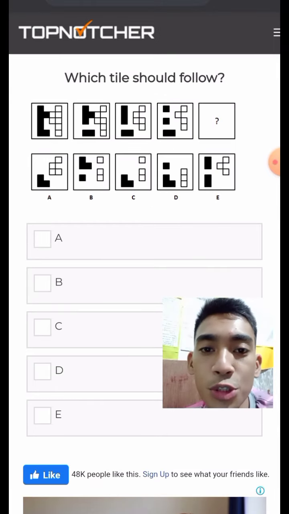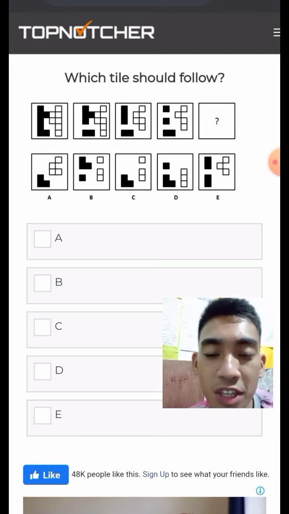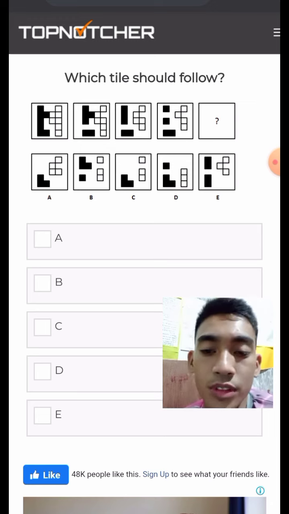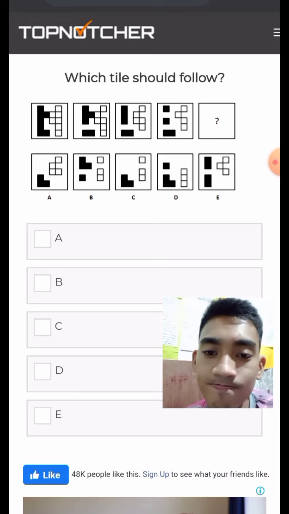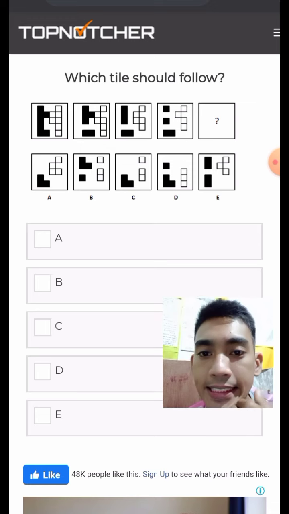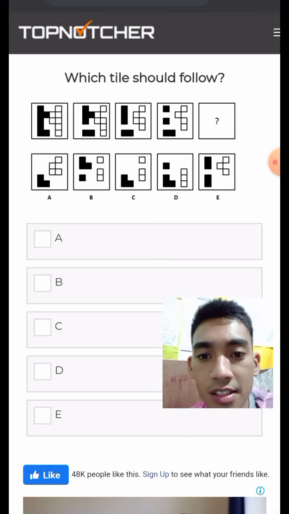Next, which tile should follow? If there are more objects, it's hard to think of it. It's a Tetris. So, first intact. Now it was broken for the next.